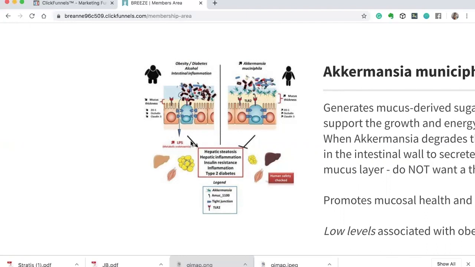There is increased LPS toxins from the different pathogens that are able to bind. And then we're seeing things that seemingly don't relate to the GI system, such as liver dysfunction, insulin resistance, inflammation, type 2 diabetes. This all comes back to the gut health.